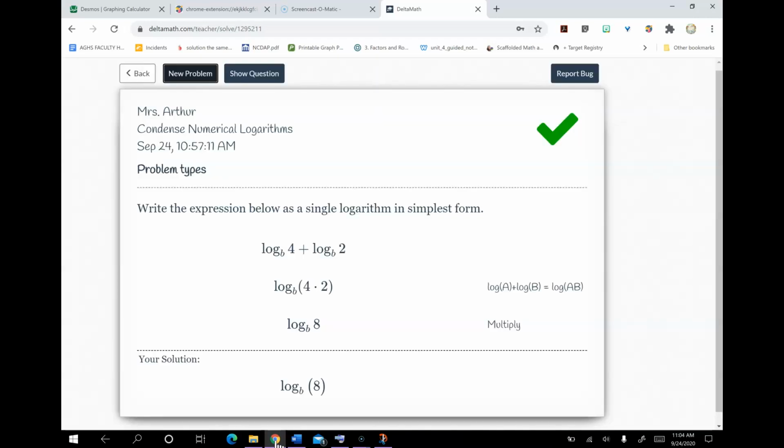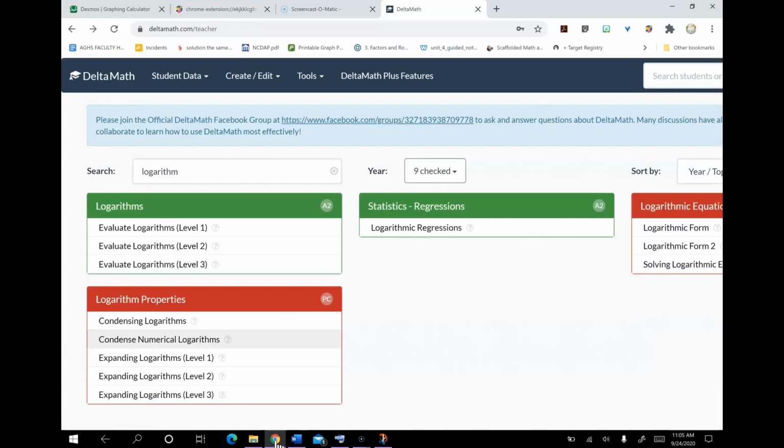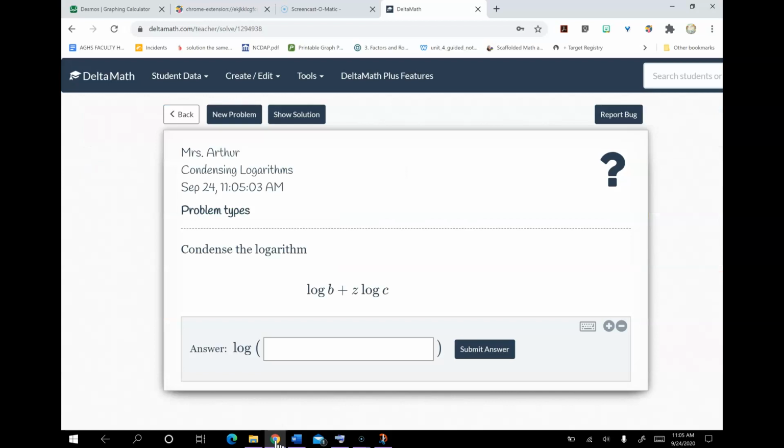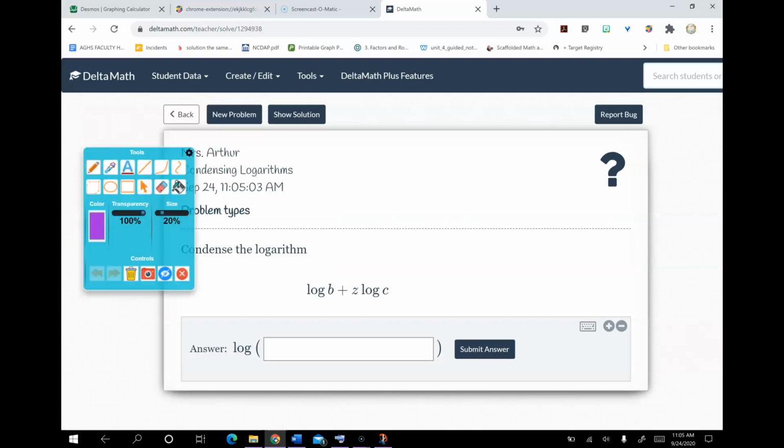All right, and also with Delta Math, I just want to make sure you know when you're doing the condensing, Delta Math already gives you your log. So you don't have to worry about writing the log. It just wants you to write what it's going to be on the inside. So if I did this one, I'm going to do it in my head real fast for you guys.